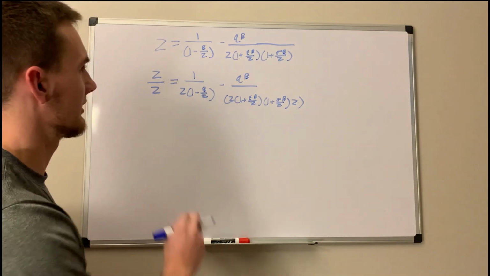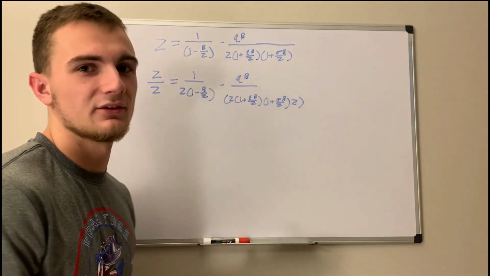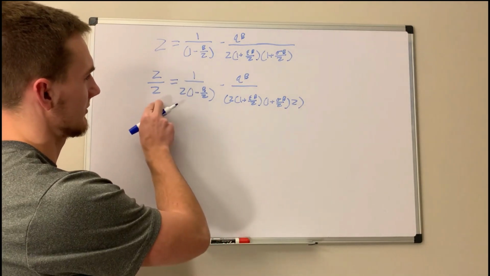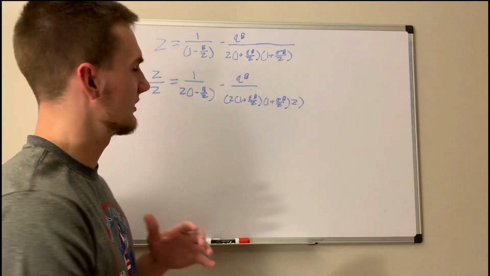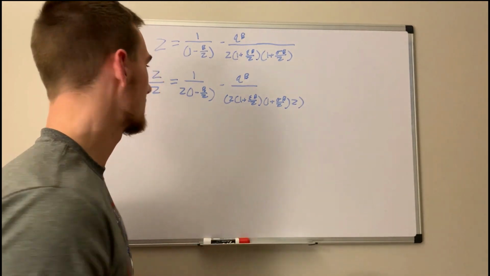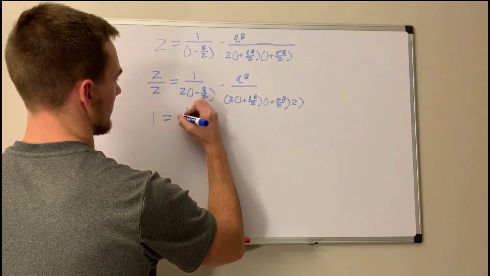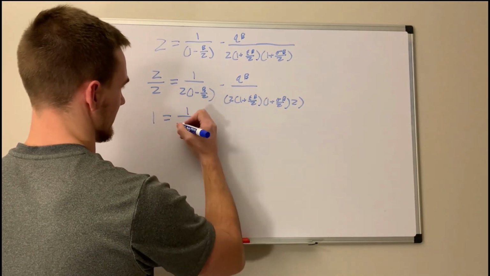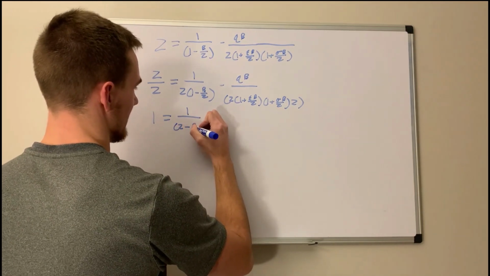Now, what we can do here is we can actually just start not canceling out terms, but I don't know what the right term is, multiplying our terms through, I guess. And this will allow us to simplify this expression down a whole lot. So we'll have 1 equals 1 over, again, multiplying throughout, we'll have z minus beta.